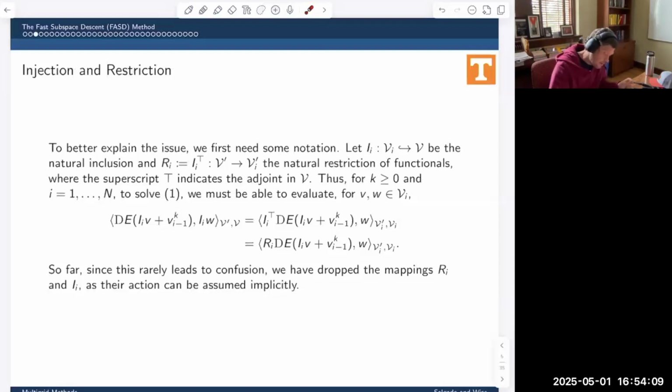All right, so you can think about it like this. On my fine grid, I'm going to have something like the original energy. And on my coarse grid, I'm going to define something new called a coarse energy. And that's going to live only on the coarse finite element space. So the idea is to introduce something new, something different, and that something different is going to be this coarse grid energy.